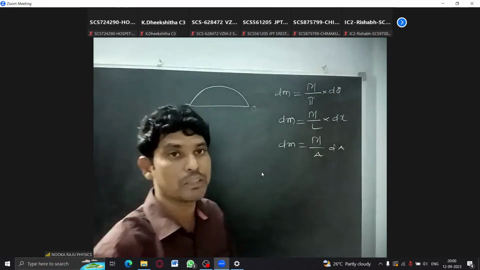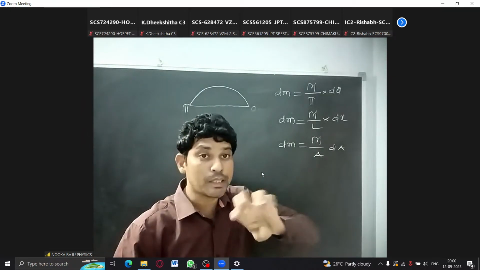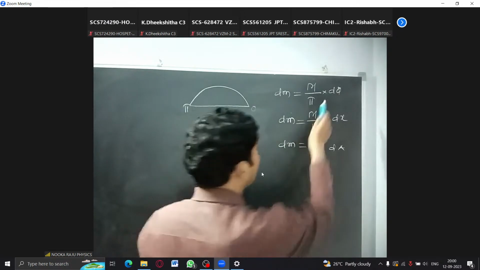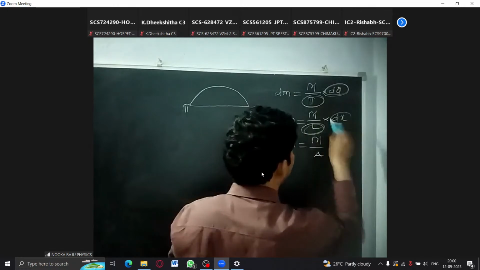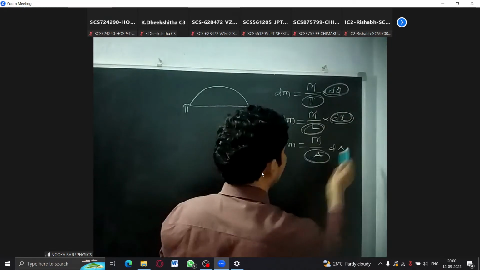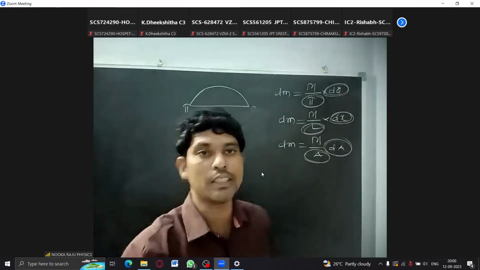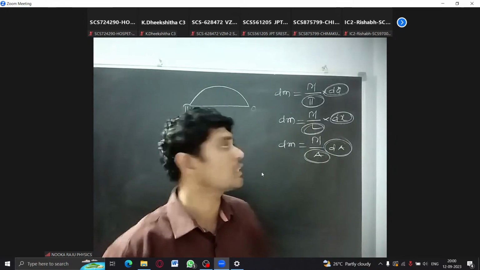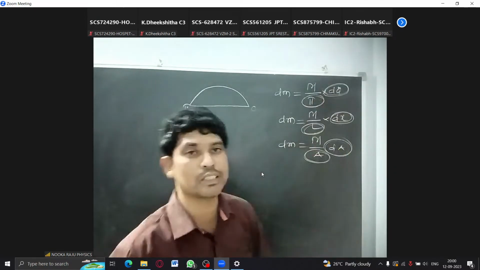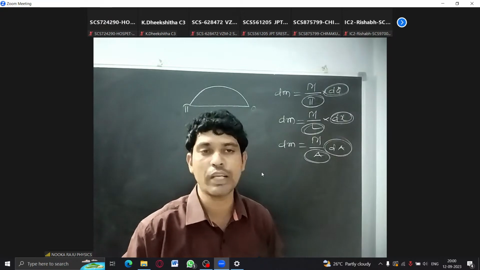Try to understand these points. Based on the situation, if it is angle, we get the angle; if it is length, we get the length; if it is area, we get the area. This is the approach to calculate the elemental mass for different bodies. I mostly want to use these three notations. Okay, got it.